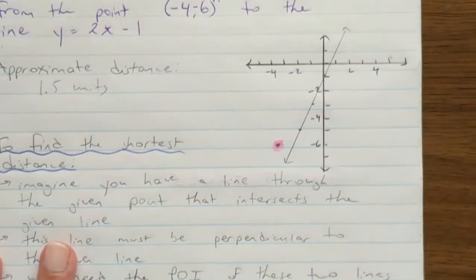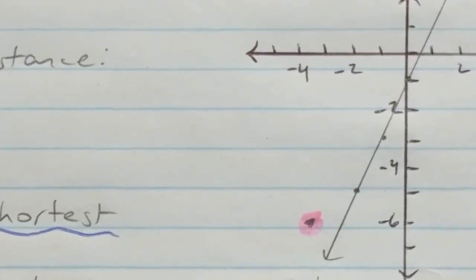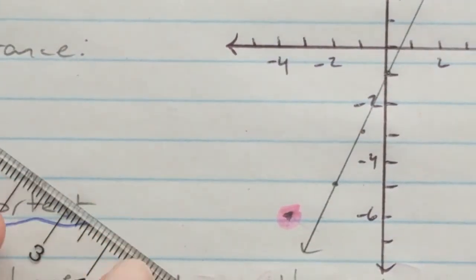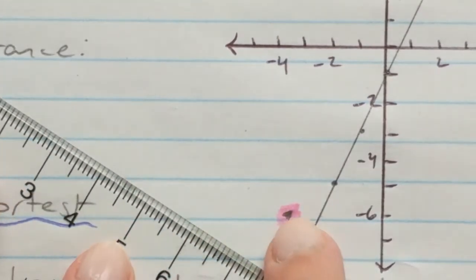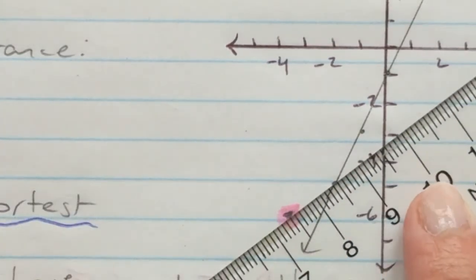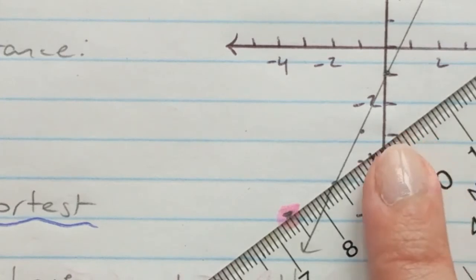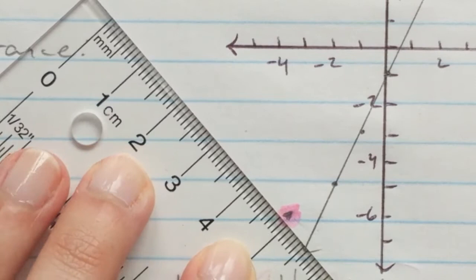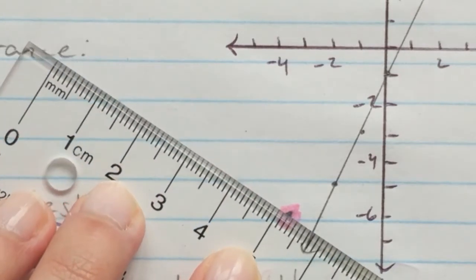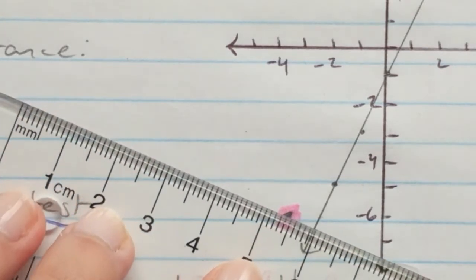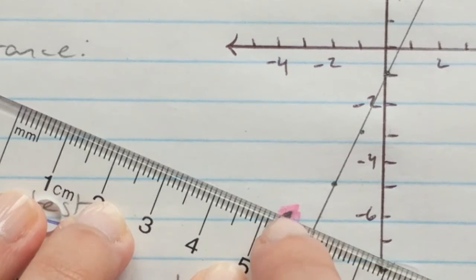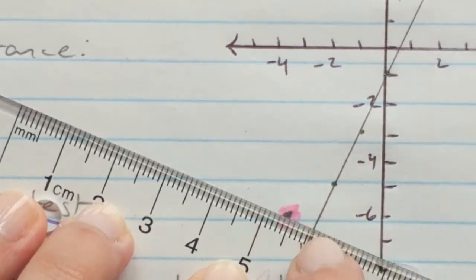Let's zoom in on the graph here. I have my ruler here where I can imagine the distance between the point and the line. The shortest distance is not going that way, just like the shortest distance is not going this way. If we imagine this to be a pendulum that's swinging and swinging, we can pretty clearly see that the shortest distance is when we have a right angle between our new line and our original line.